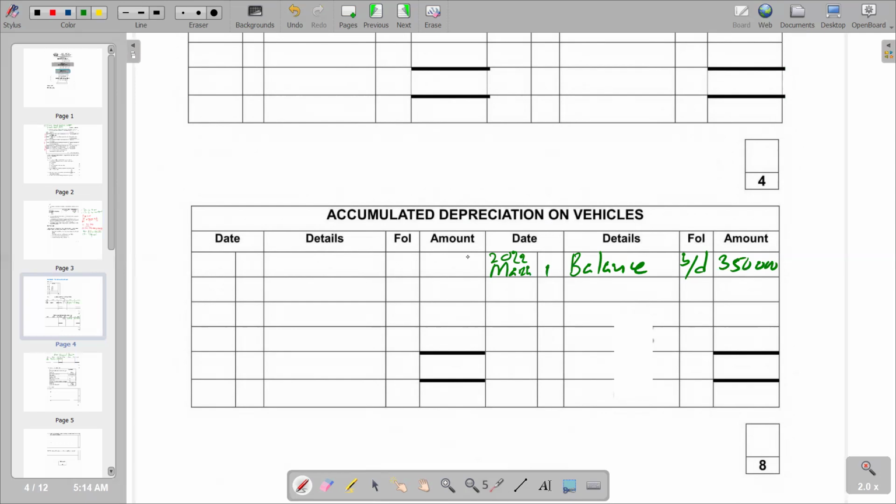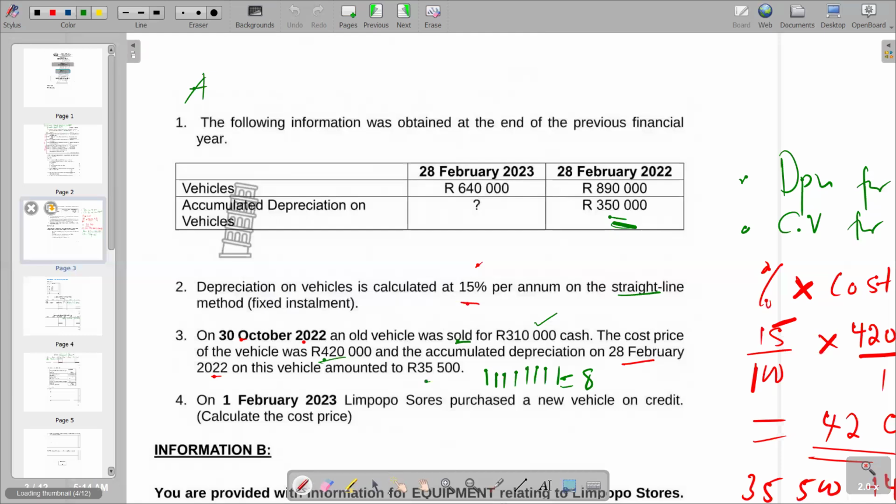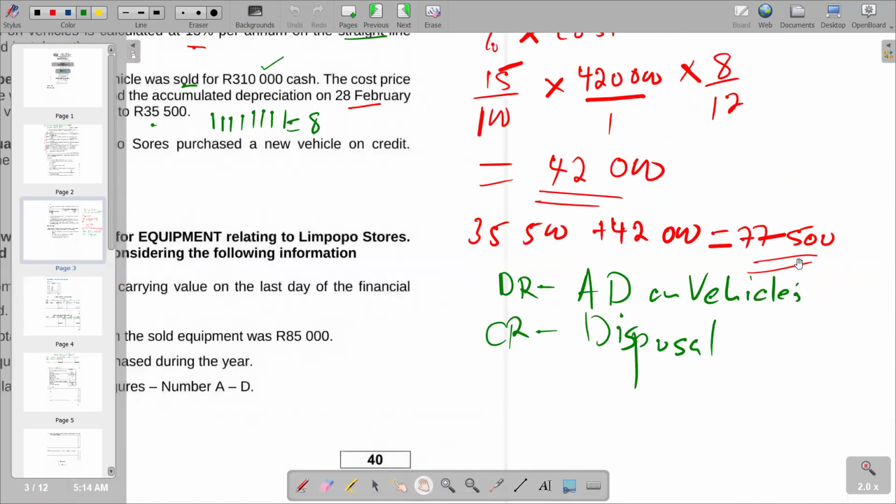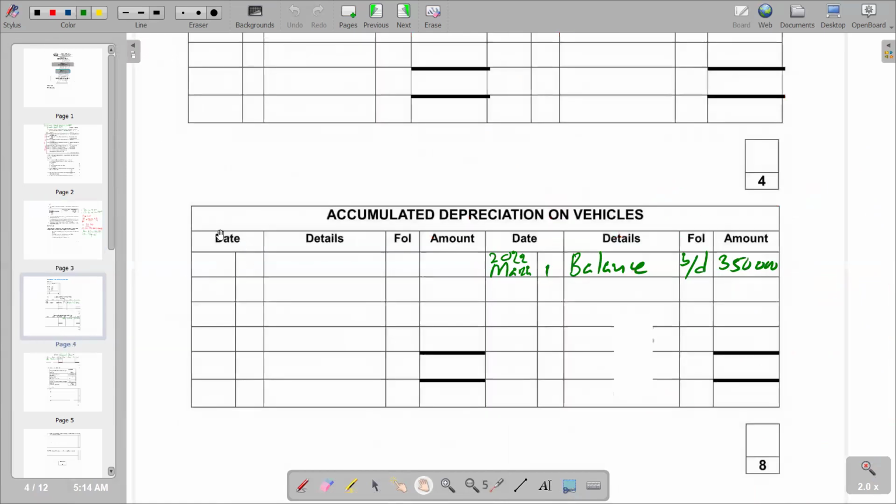Then now we can put the double entry of the asset disposed. We are saying depreciation of the asset disposed is 77,500 that we calculated there. So we come to the debit side. That's where we are putting that double entry of 77,500.